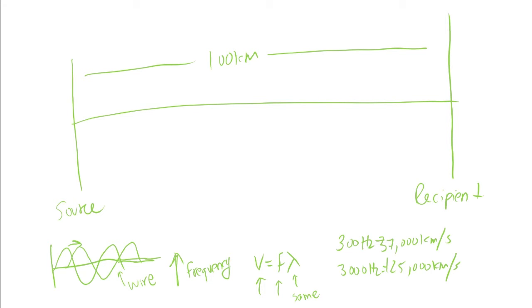So, in order to help with that, we can add a loading coil. So, if I'm talking, my voice only has certain frequencies that my vocal cords can generate.